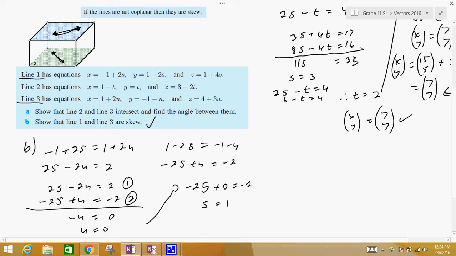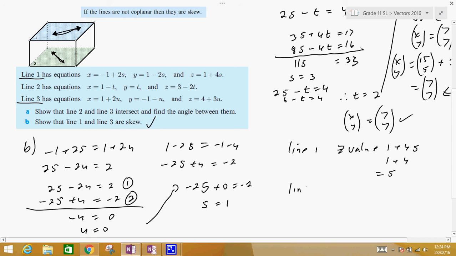Okay, so we figured out where they intersect in the x and y value. Plug that into equation 1 and 3 and see if the z value also gives an intersecting point. So if we plugged in u equals 0, for line 1, the z value is 1 plus 4 times s, and s is equal to 1, so 1 plus 4, which is equal to 5.